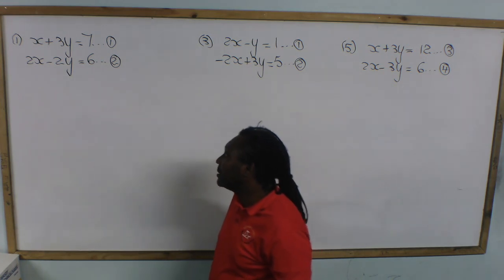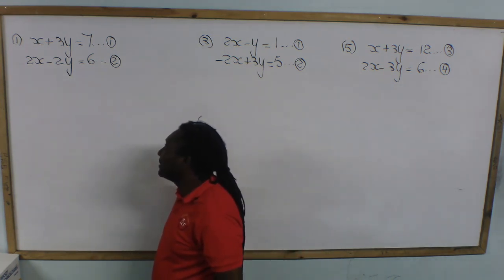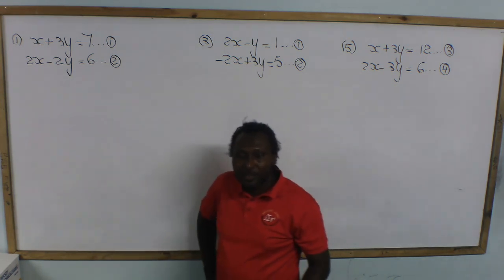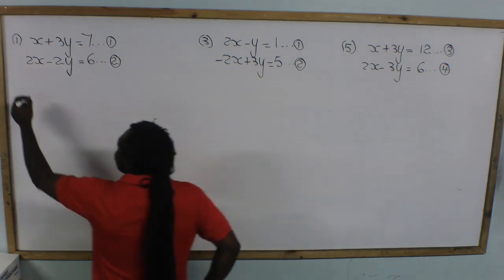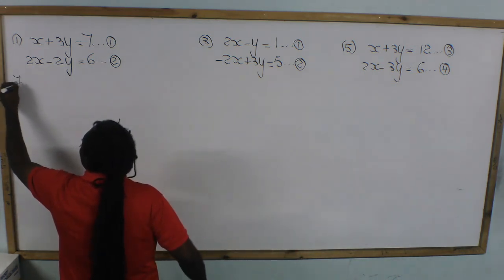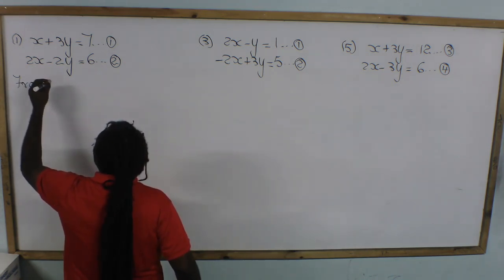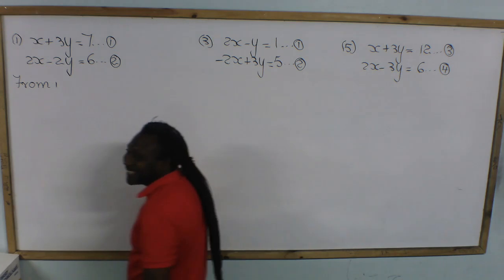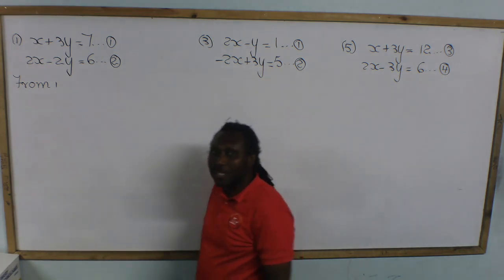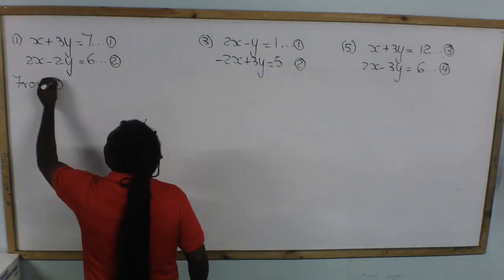Okay, now give me some assistance with that. x is equal to 7 minus 3y. But it is good if you can declare that you are taking that from an equation. I heard somebody say 2. From equation 1.